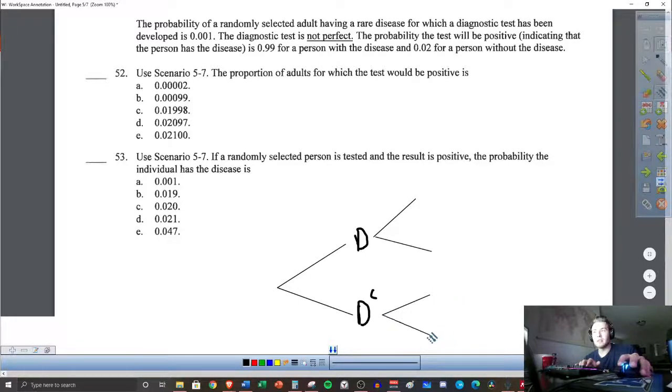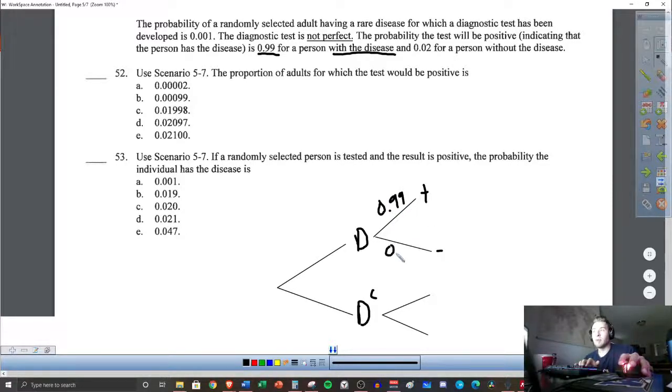That happens, and that's just part of testing. They're not perfect, so usually you want to get multiple tests to improve your accuracy, okay? So it says the probability the test will be positive is 0.99 for somebody with the disease. If they have the disease, it's going to show positive 0.99. So we're going to put that, 0.99.